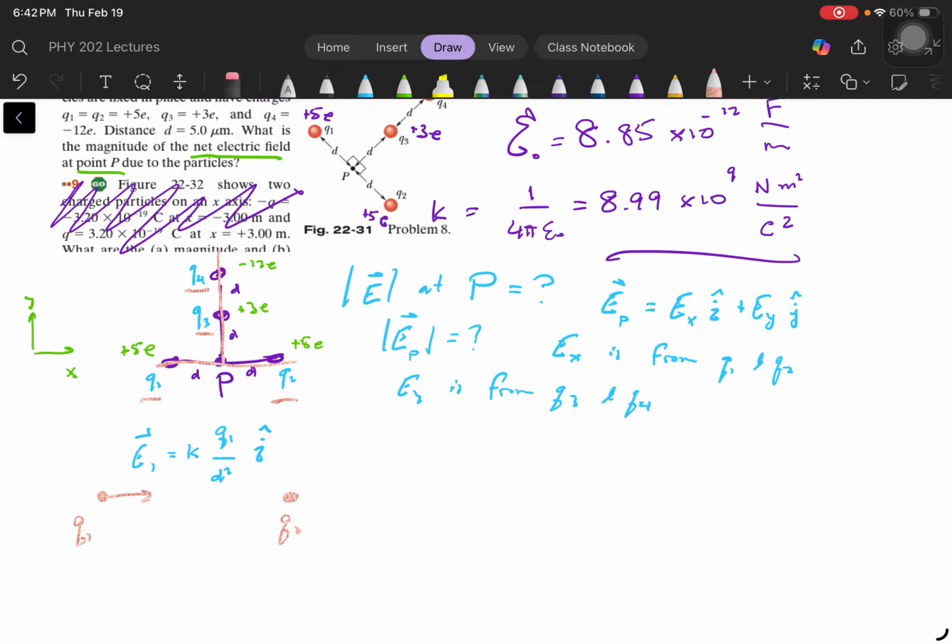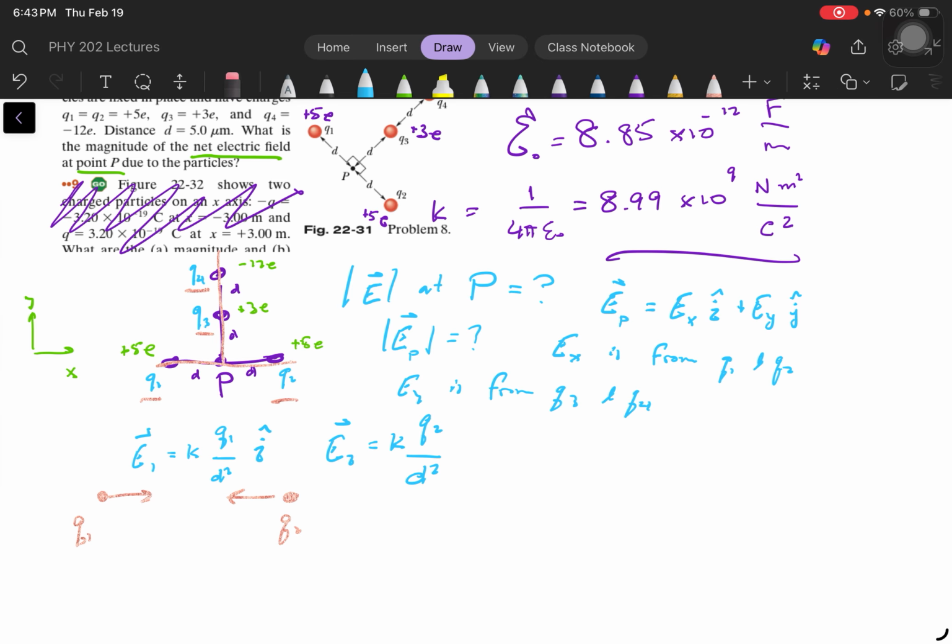And then we go back to Q2, right? It's a positive charge, so the electric field points away from it, so it's going to be pointing to the left. And so we can say E2 is equal to K Q2 over D squared, right?